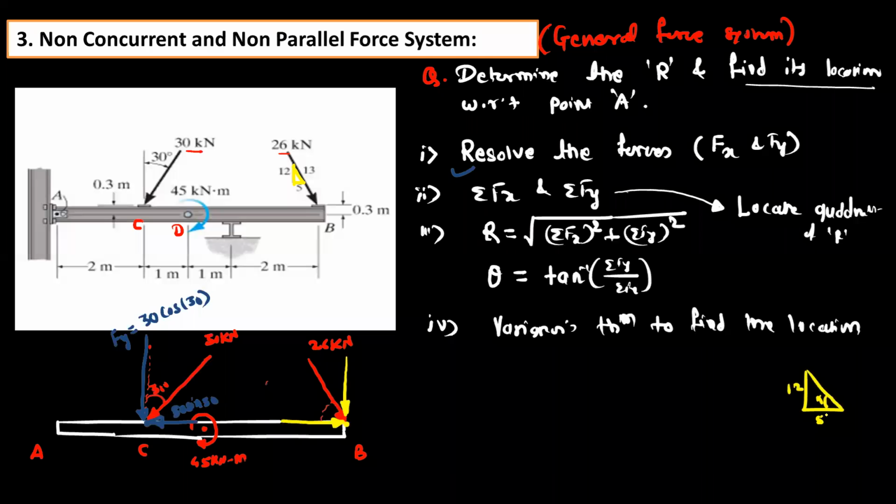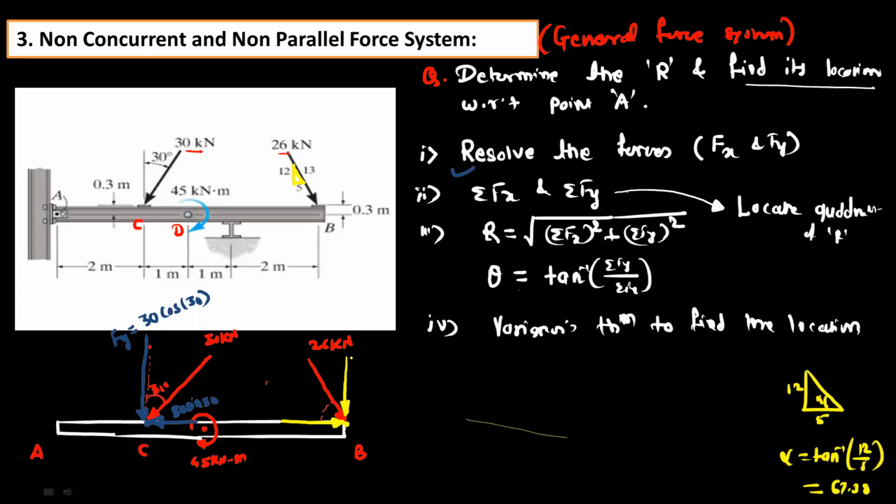This is 12 and this is 5. So alpha is equal to tan inverse of 12 by 5. So this is 67.38. So this angle is 67.38.